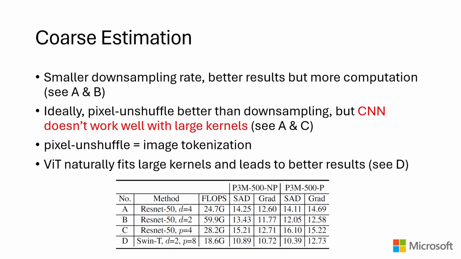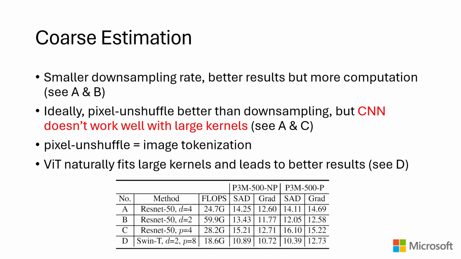The kernel size of the first convolutional layer is 7. When we use patch size of 4 for pixel unshuffle, the effective input kernel size becomes 28, which is too large for CNN to work properly. So CNN is not an ideal architecture for this purpose.